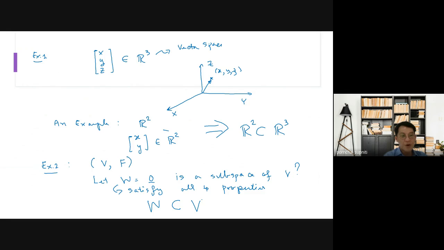Okay, so in general, if you want to test whether they are subspaces or not, we can state the testing algorithm as follows.